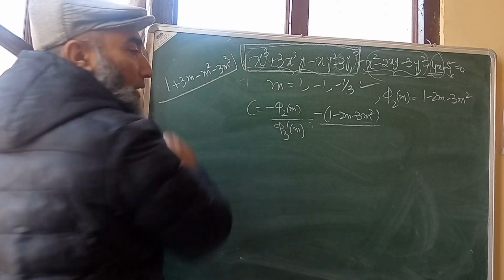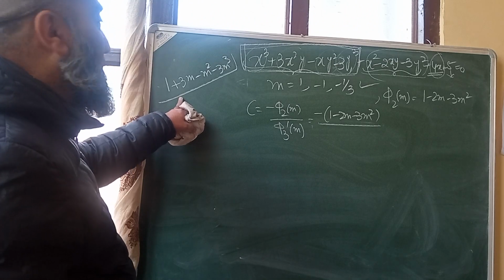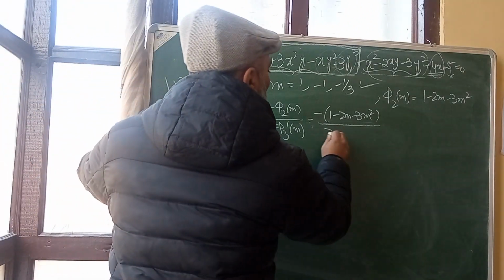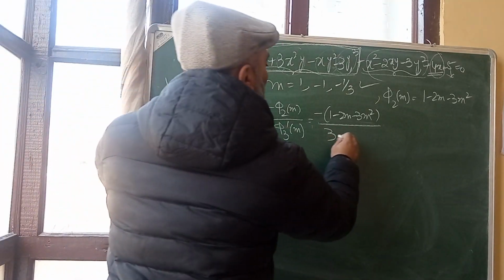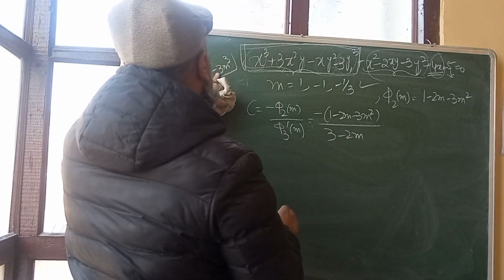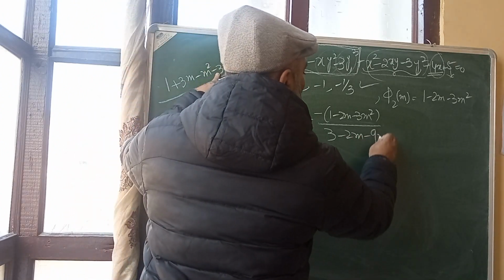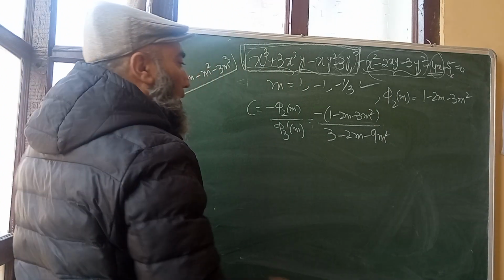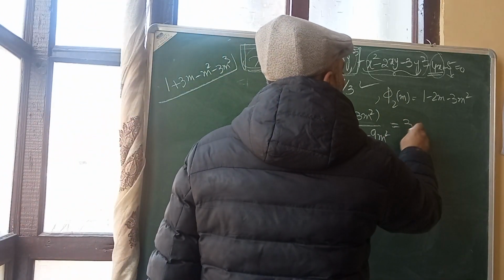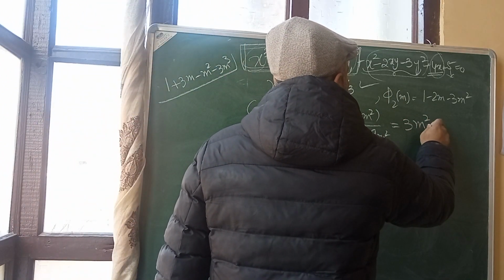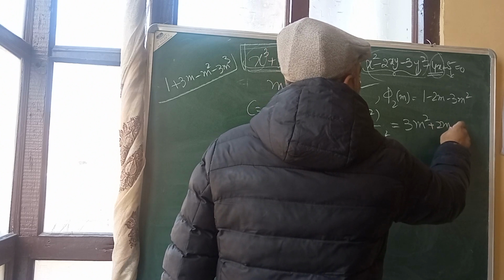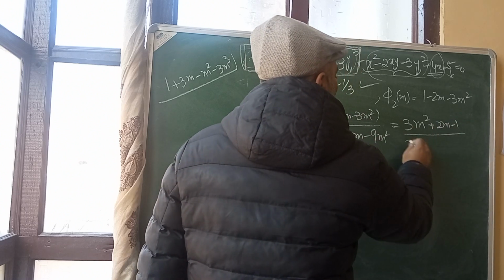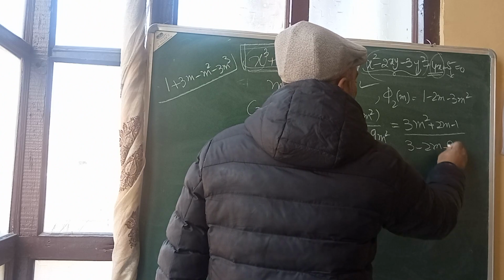This was phi 3m, right? Dash means derivative. It is 3 minus 2m minus 9m square.